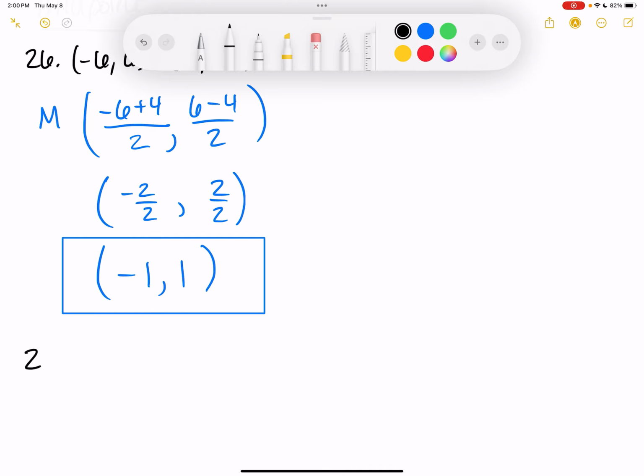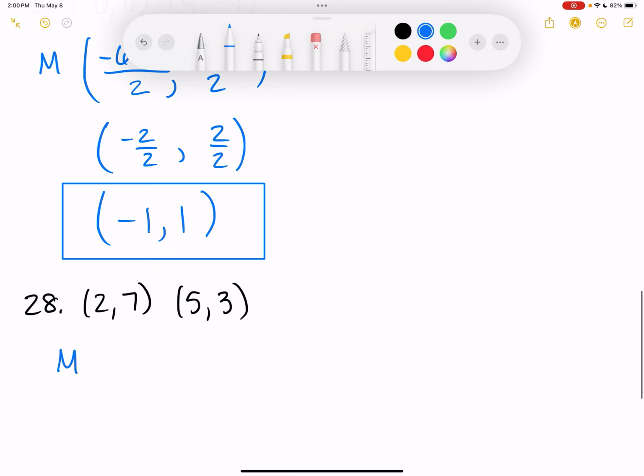28. Good job, Jonathan. The point 2, 7 and the point 5, 3. All right, so again, we've got the two x's added together. So I've got 2 plus 5 divided by 2, and then I've got 7 plus 3 divided by 2 for the y.